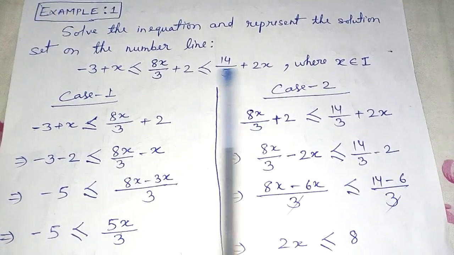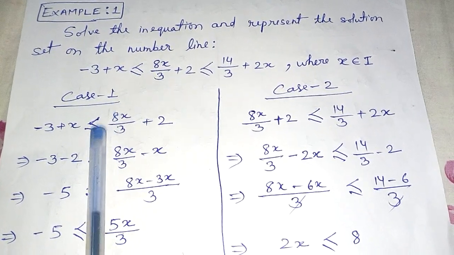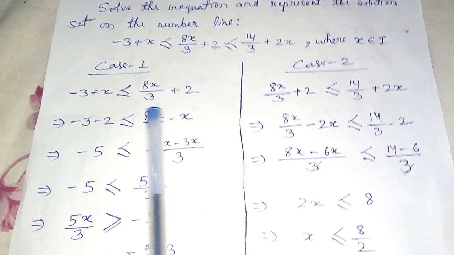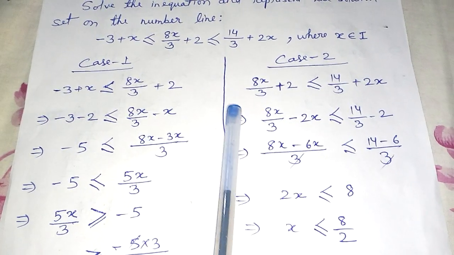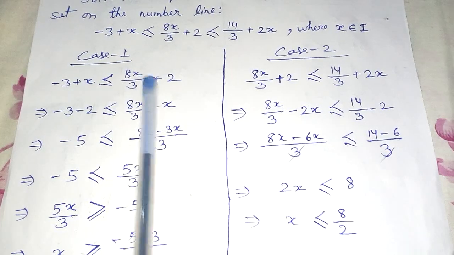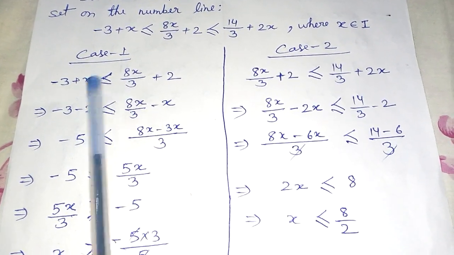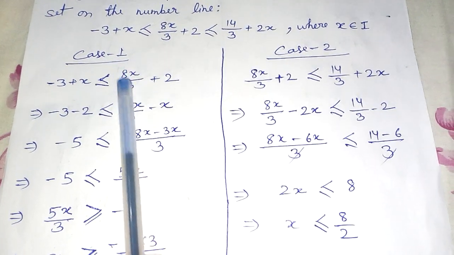This is the question, as you all know. Here the first expression and second expression are taken in case 1, the second and third one are taken in case 2, and the target is the same. We will try to take x in such a way that we get a positive value of x. Here also we have x, here also we have x, but which x is greater? This is 1x, but this is 2 point something, that means this x is greater.